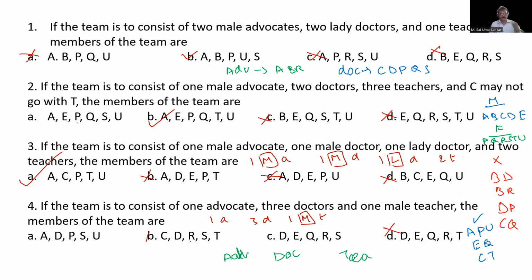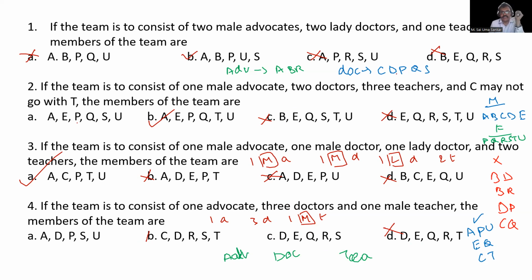Okay. Now come to these three. So many options are there. One advocate. A is there. Advocate A, B, R, right? If A and R is there, just cancel that one. Here B and R is there, cancel that one. Of these, no. Next, three doctors.